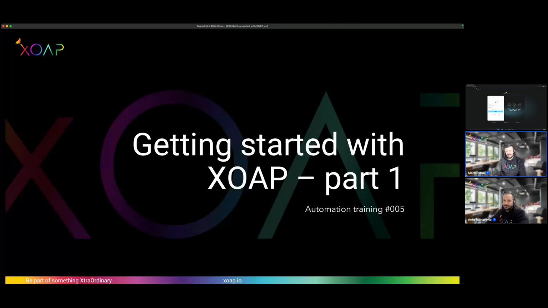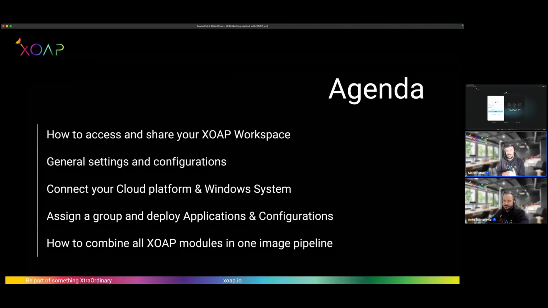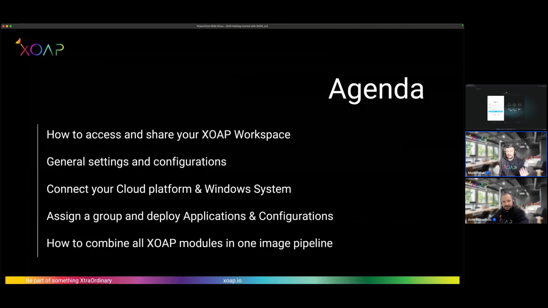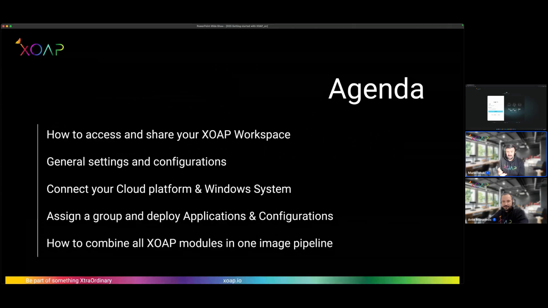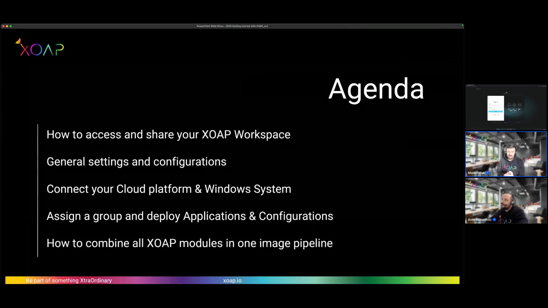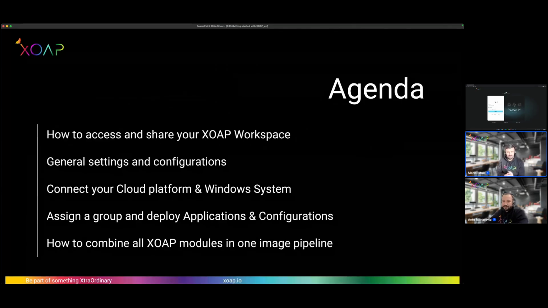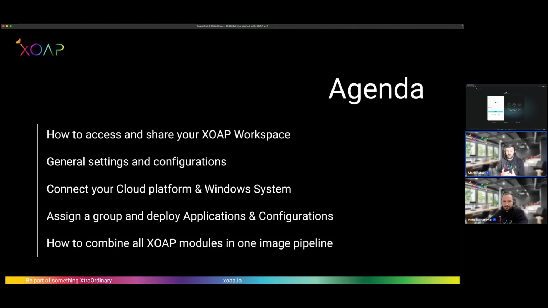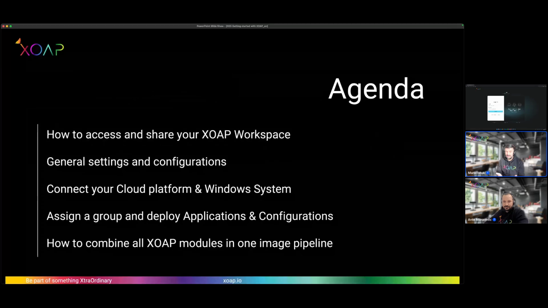But today, we will focus on some things like how to access and share your XOAP workspace, how to grant access to other people to this account, general settings in your workspace, in your application, how to connect a cloud platform, just to give you information, what are the differences, how to connect the Windows system, even if it's a server or client system, assign a group and deploy applications or configurations, definitely.